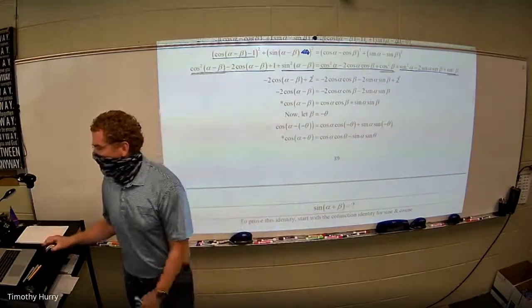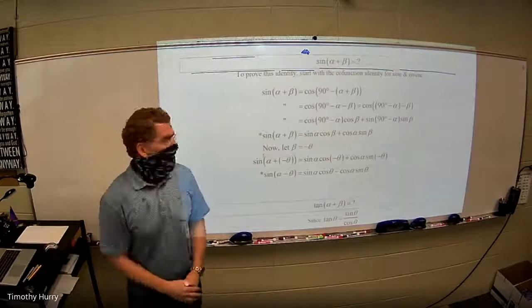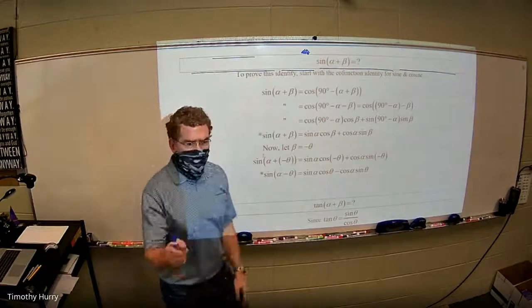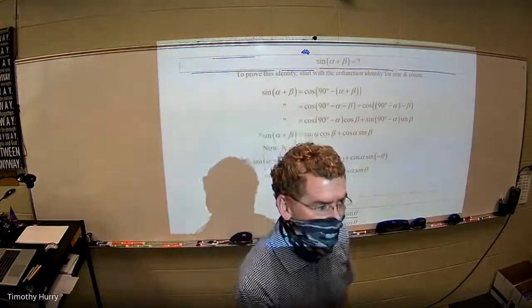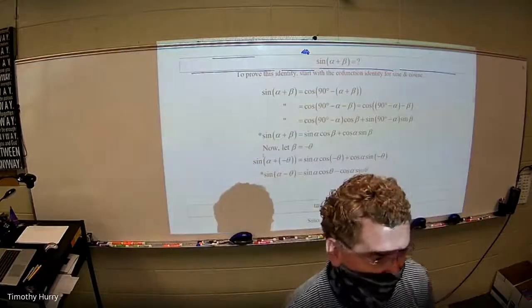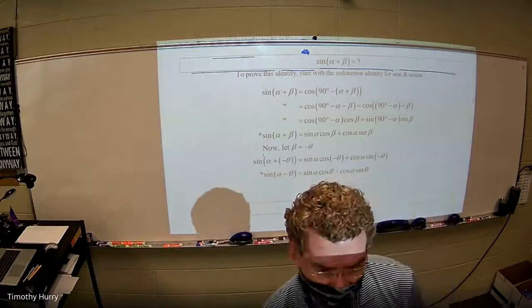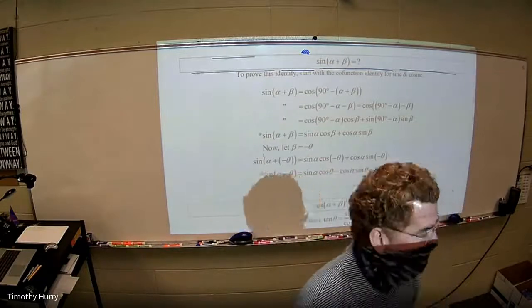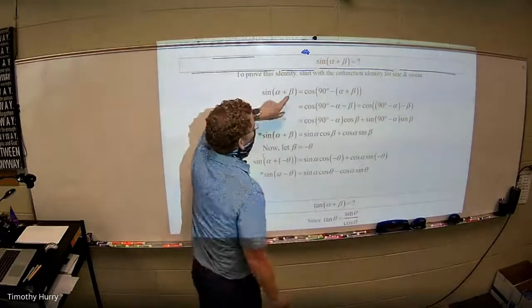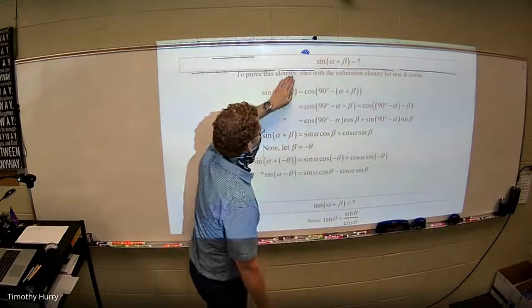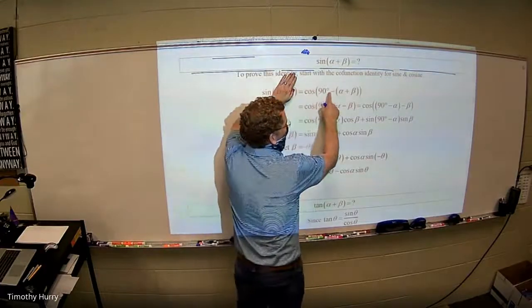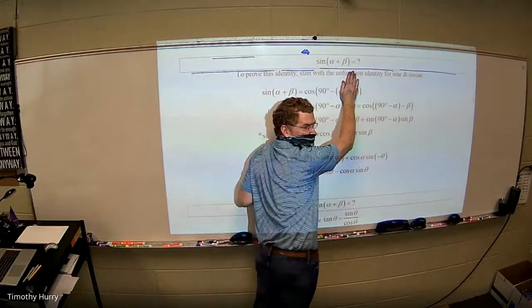What about the sine identities? Well, to do a sine, didn't you learn yesterday on the cofunction identities that the sine of any angle is the cosine of its complement? So like the sine of theta is cosine of 90 minus theta? So isn't the sine of blah the cosine of 90 minus blah? Isn't that true?